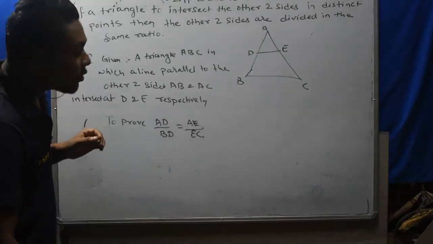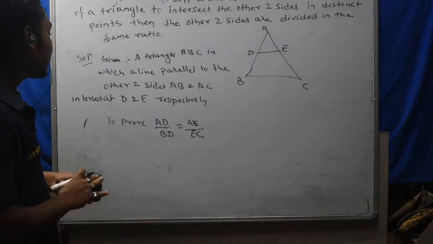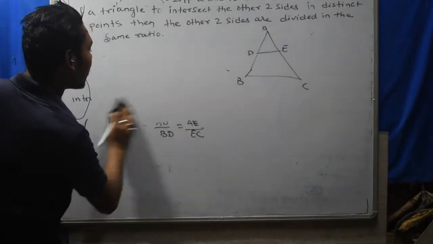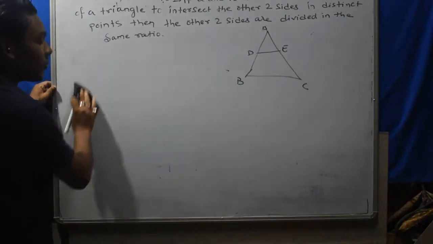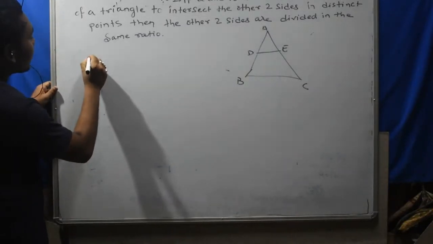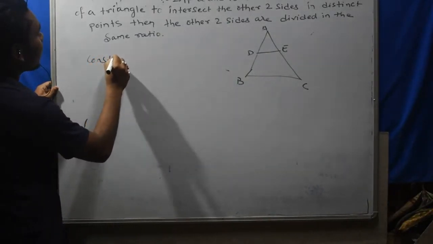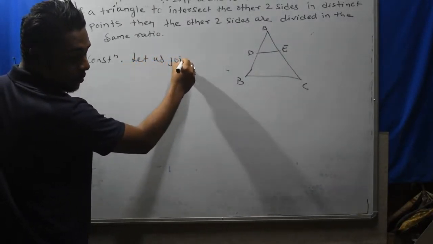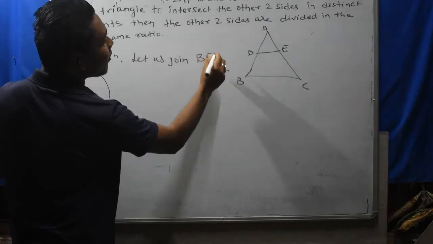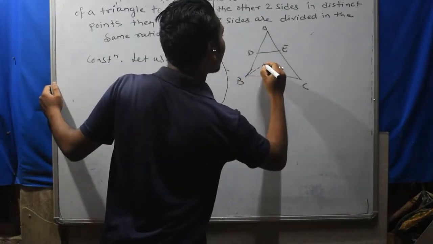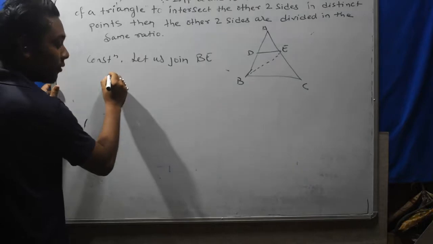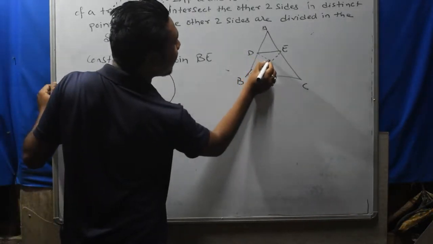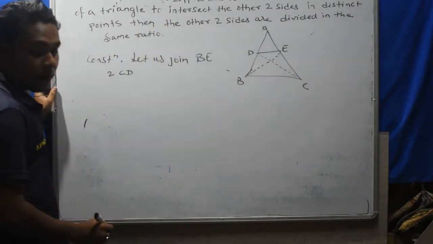Okay, so construction, what we need to do. I am erasing this part. You note it down by taking a snapshot. Construction: let us join BE and CD. Okay, this much.